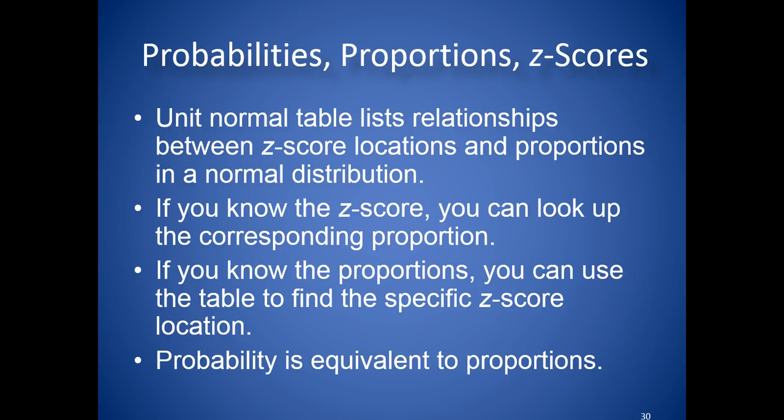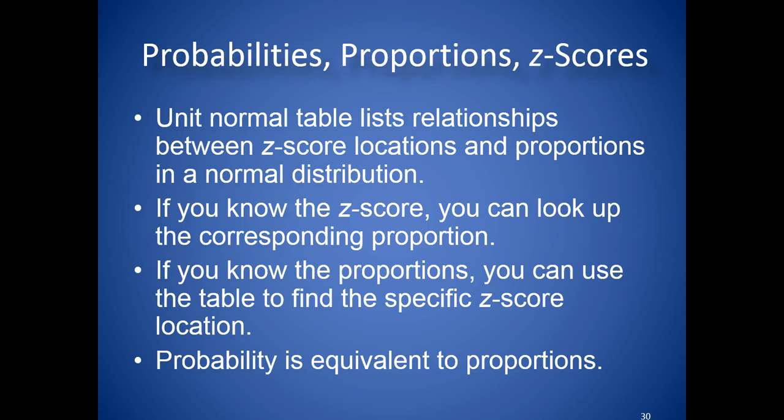If you already know the z-scores, you can definitely look up the corresponding proportion, and you can also make an interpretation of where that individual stands when compared to the rest of the sample. If you also know the proportion, you can use the table to find the specific z-score locations. Nobody does that anymore.